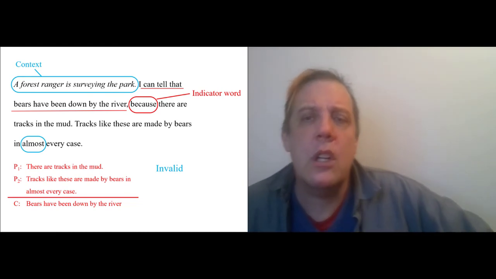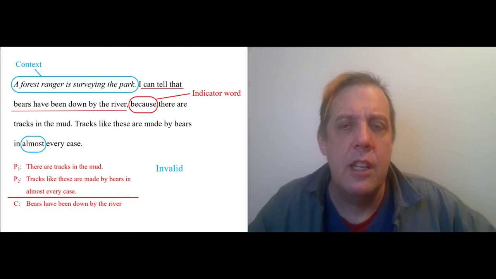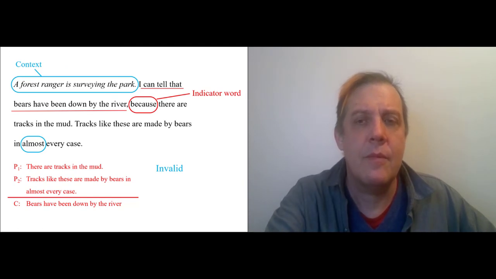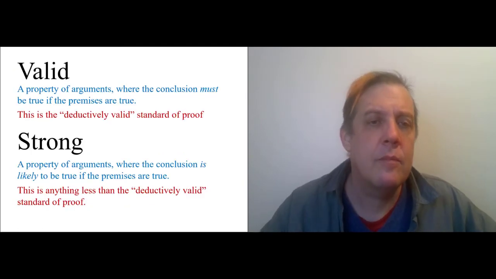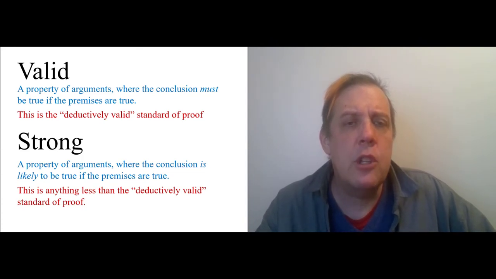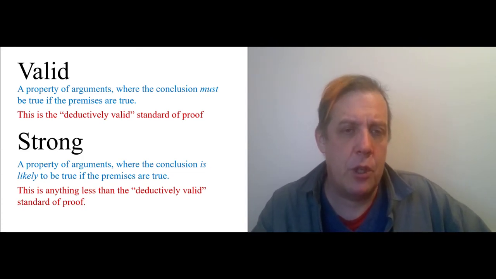So now we're going to have to talk about a different kind of complement that we can pay arguments. An argument is valid if the conclusion must be true if the premises are true.